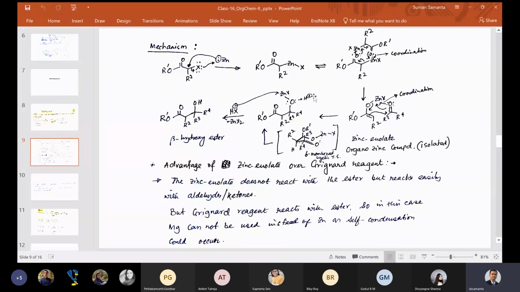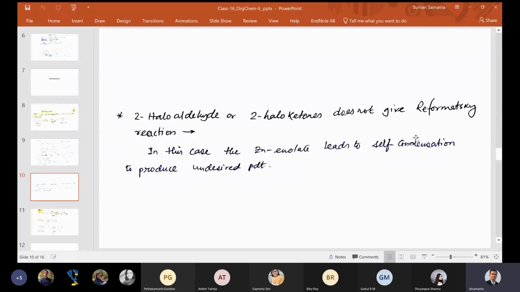So the organozinc reagent that forms will immediately react with the halogen in the 2-haloketone to generate a lot of undesired product. So you will write only this: the zinc enolate leads to self condensation to produce undesired product.